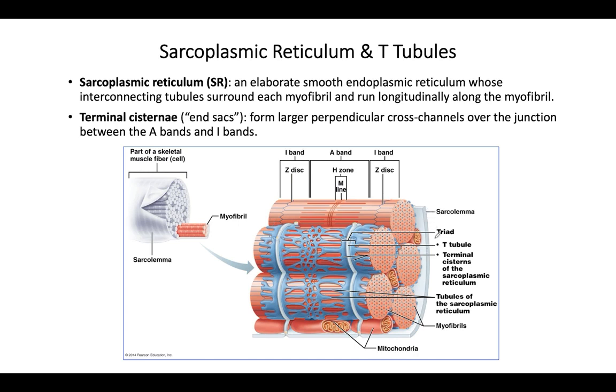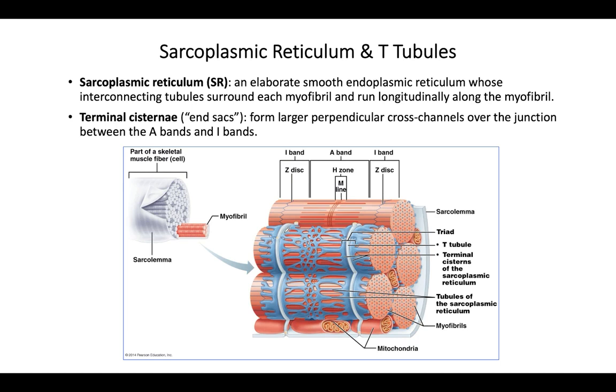And here's the sarcolemma. This sarcolemma invaginates into the interior of the myofibril to form the T-tubule. This T-tubule, in a slightly lighter blue, is located adjacent to the terminal cisternae.